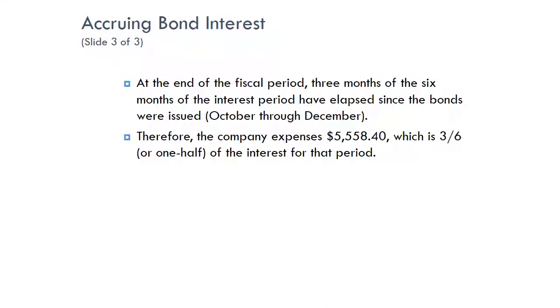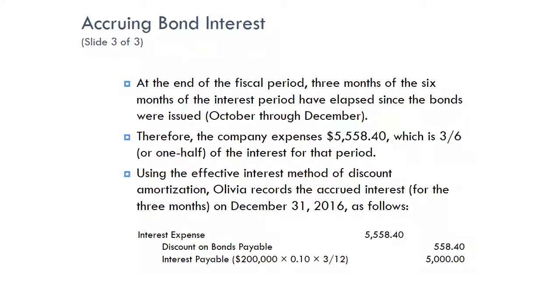How much would there be for 3 months, October, November, and December? 3/6 of that, $5,558.40. So we would debit interest expense, $5,558.40, credit interest payable, no cash is going out December 31st, for the amount of interest that would have been paid if it was due to the bondholders on December 31st. And then the difference is credited to discount on bonds payable.